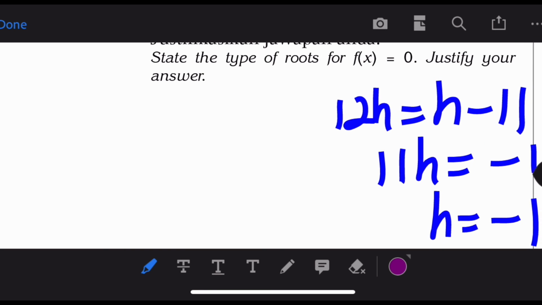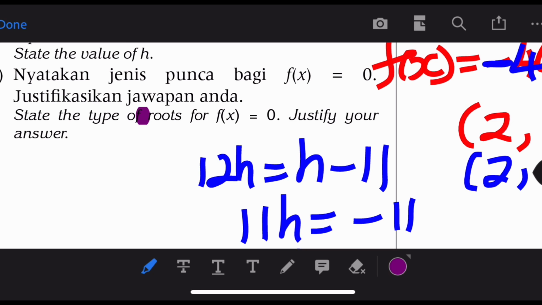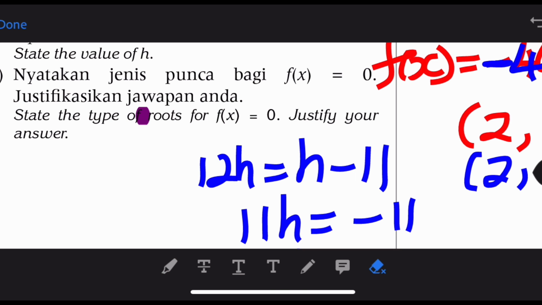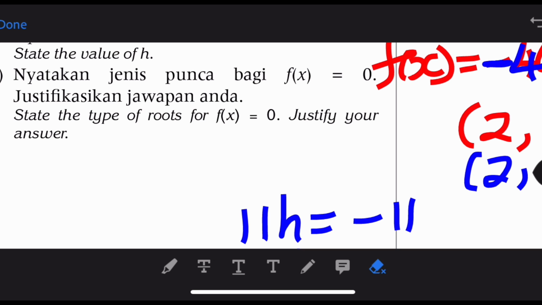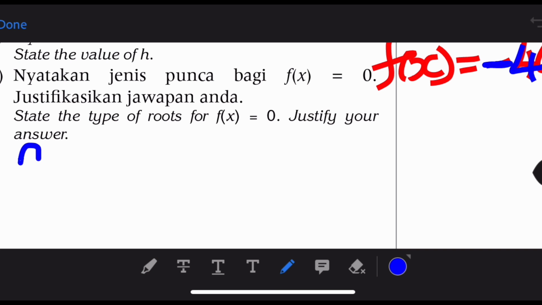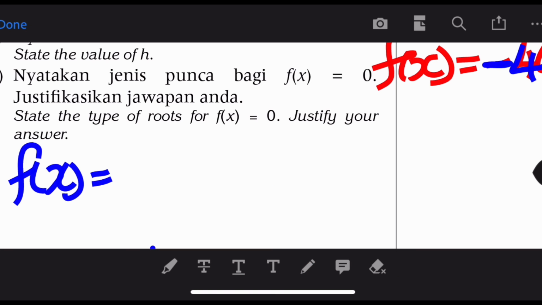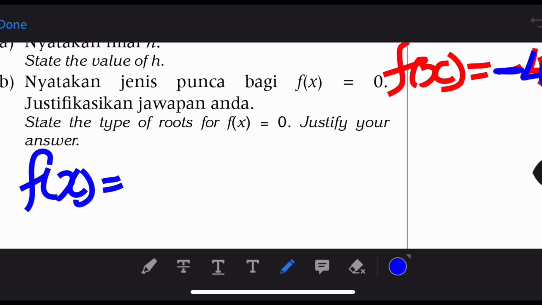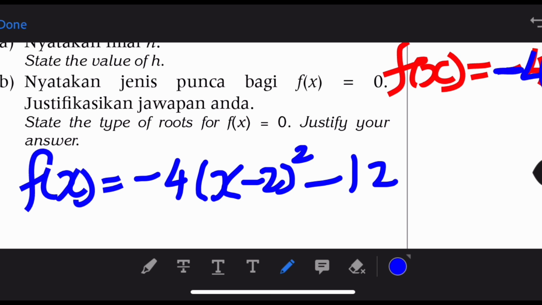Then how about part B? Okay, state the type of the roots of the function fx equal to 0. Okay, in order to find the type of the roots when fx equal to 0, we will actually use the function which is just now we have negative 4 x minus 2 square plus 12h.